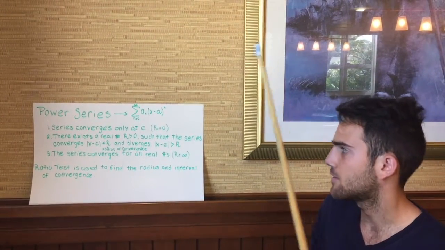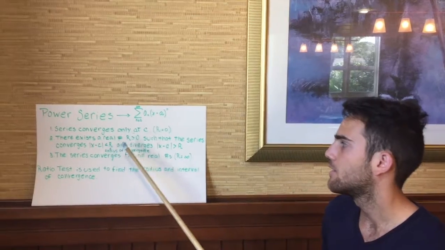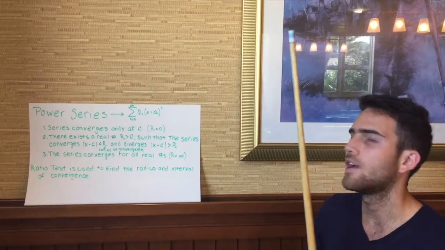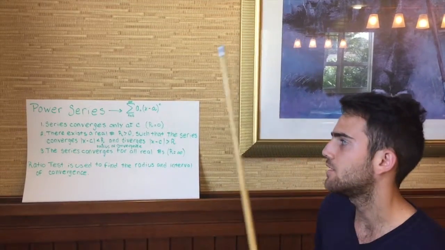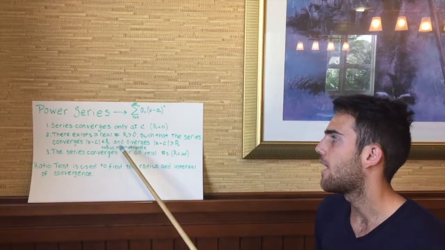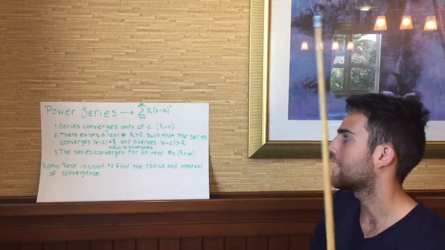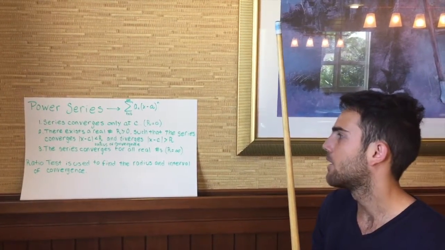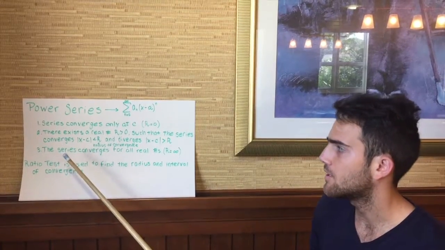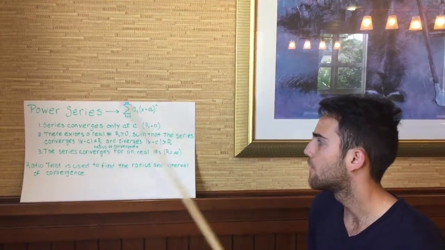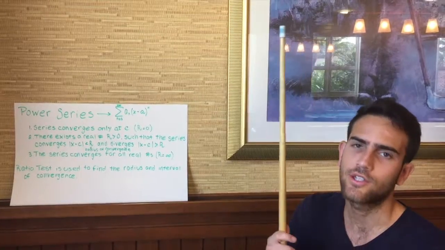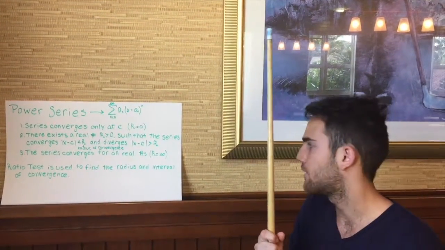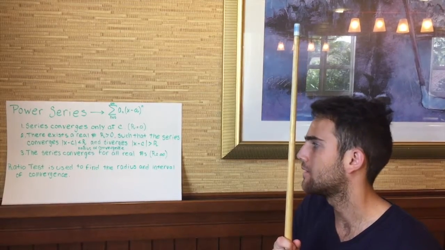Another is that there exists a real number r greater than 0 such that the series converges when the absolute value of x minus c is less than r, and diverges when the absolute value of x minus c is greater than r. The third is that the series converges for all real numbers, so the radius is infinity, that being negative infinity to positive infinity.